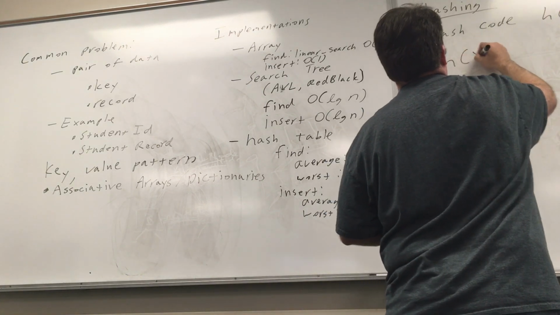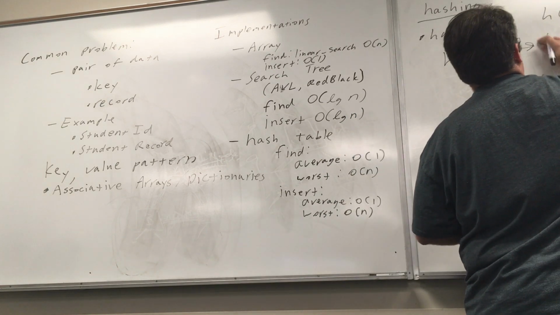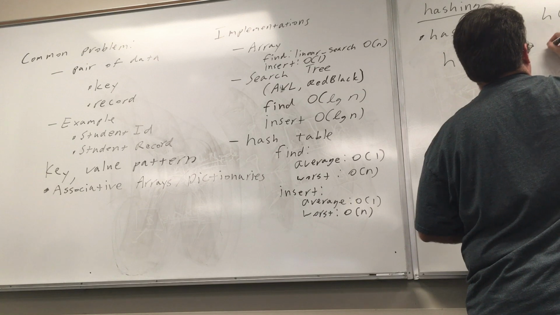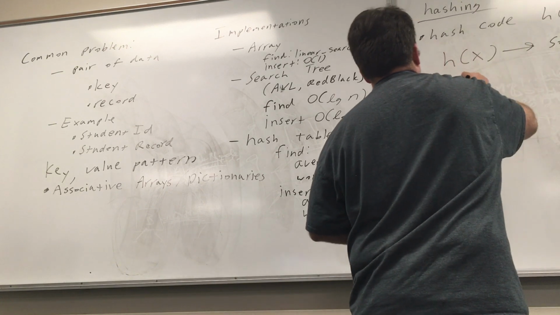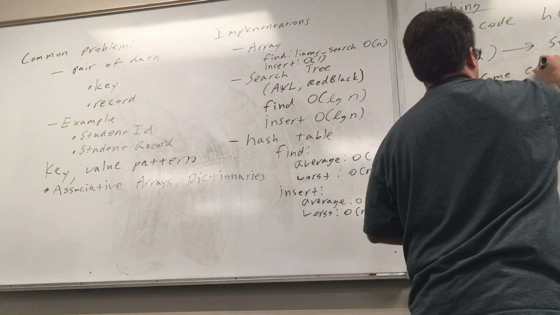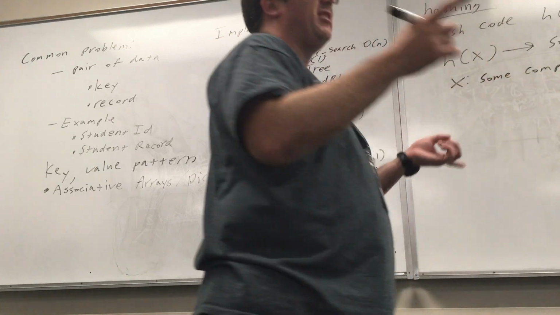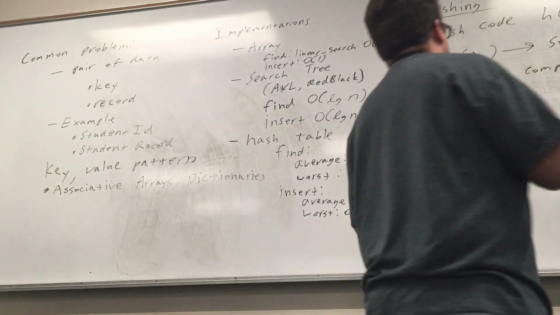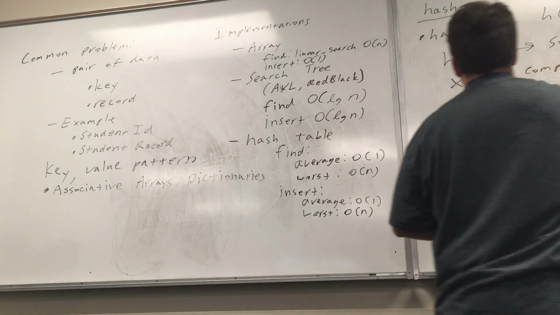This translates h of x into some other range or some other thing, so into some value. Usually x is some complex type, like a string or an integer or a double, although integers aren't really complex, but some complex type that's expensive to compare.